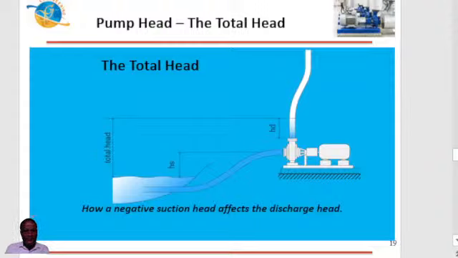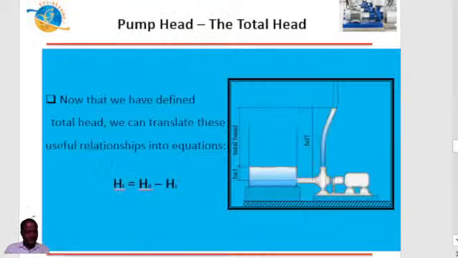Now, I also mentioned that we now have different pumping applications to determine your total head. We have a positive suction system, where you have your suction tank above the pump center line. Then you can also have it like you have in this case. This is a positive suction system because your suction tank is just by the pump center line.